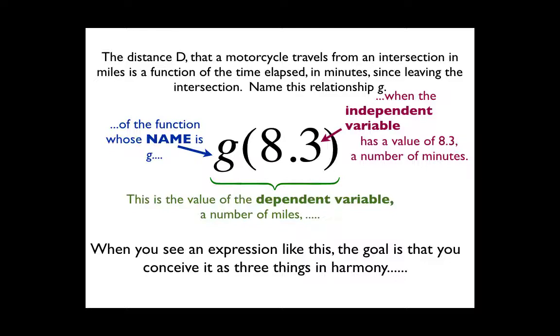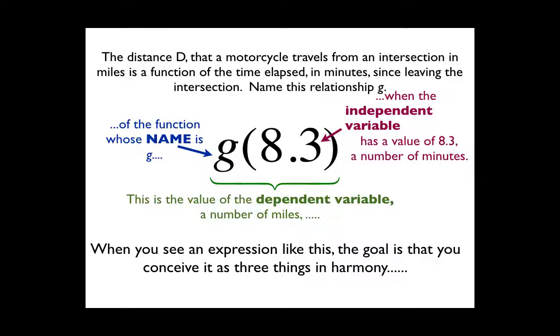At time 8.3, it's g of 8.3 miles past the intersection. So even though I don't know what the value of g of 8.3 is, I know that this is the dependent variable value that corresponds to, in this relationship, 8.3, the value of the independent quantity of time.